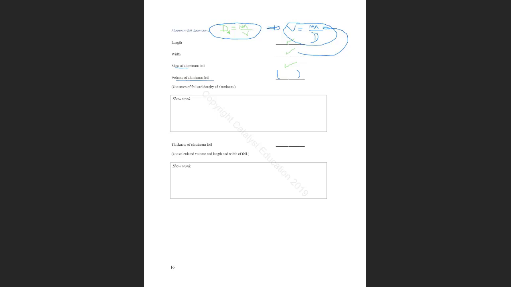But then, what is volume? Volume is the length times the height times the thickness. I can say thickness. This is what you have to calculate.